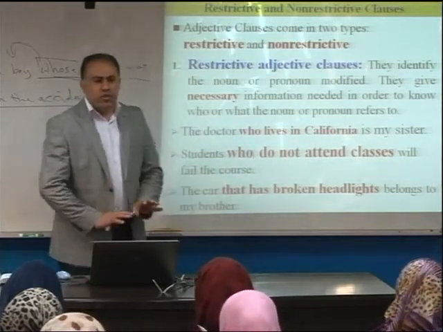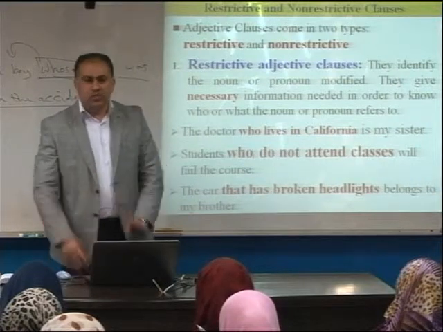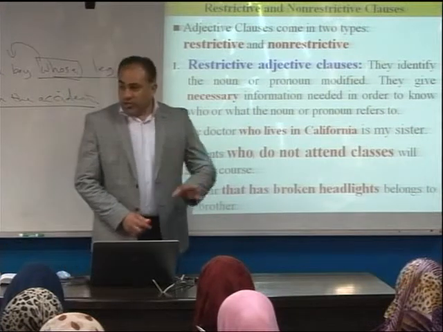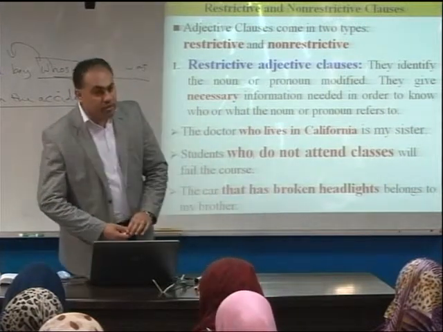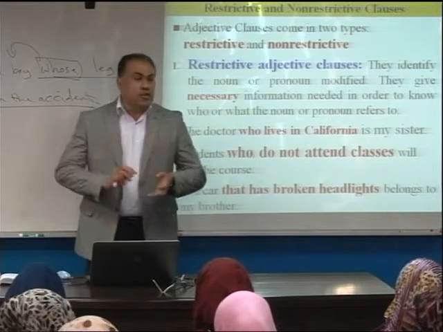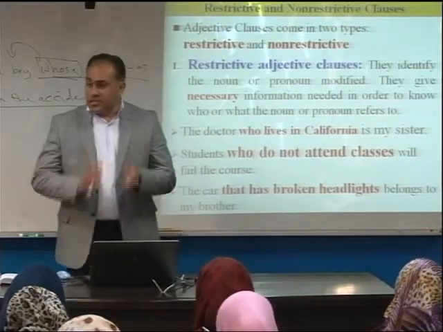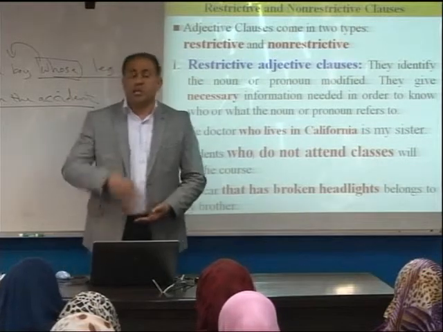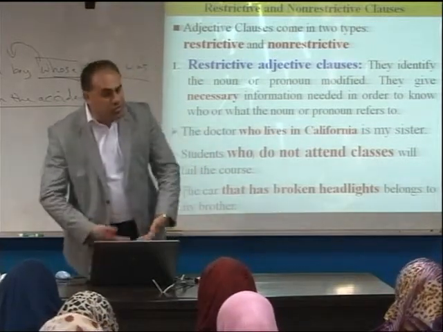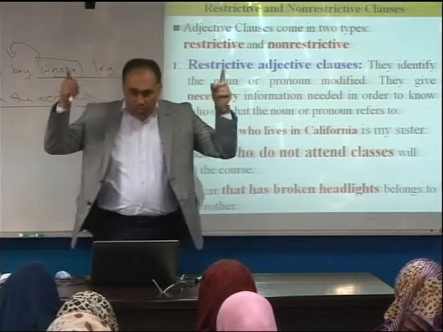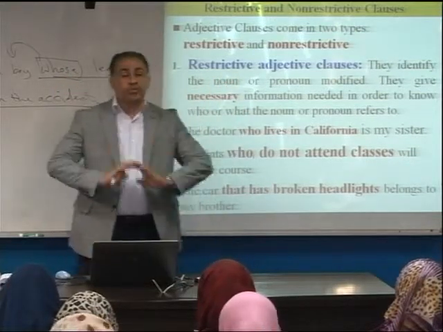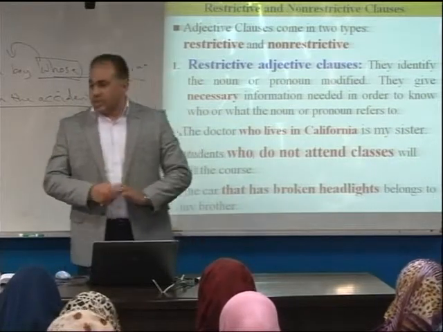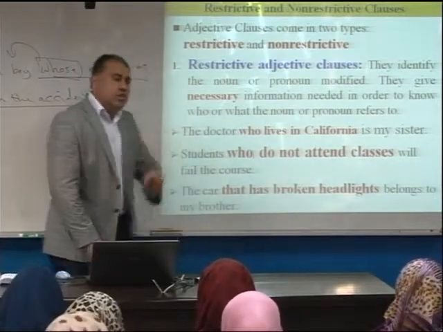Does anyone know what you mean by defining, non-defining, or restrictive, non-restrictive adjective clauses? It has to do with whether the information in the clause is necessary, then we call it restrictive or defining. If the information is extra, then we call it non-restrictive or non-defining, and therefore we have to put two commas to separate this extra information adjective clause from the rest of the sentence. Is this clear? Just generally this is the rule.